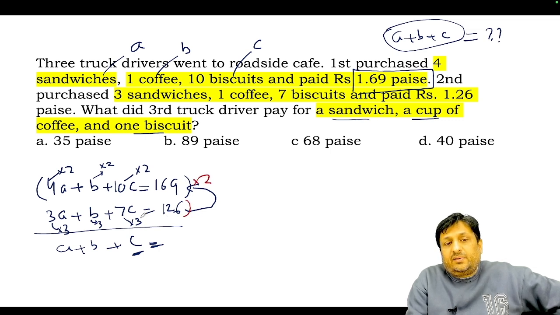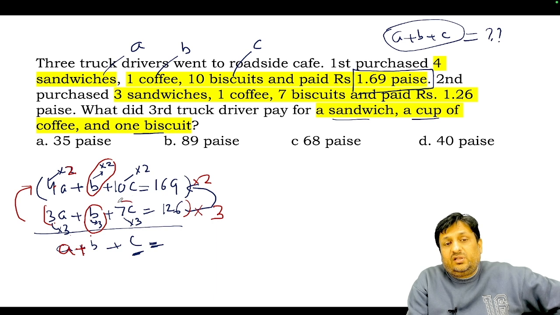Then I will multiply the second equation by 3, and subtract the first equation from the second equation. So 9a minus 8a, I will be left with a single a. Then 3b minus 2b, I will be left with b.